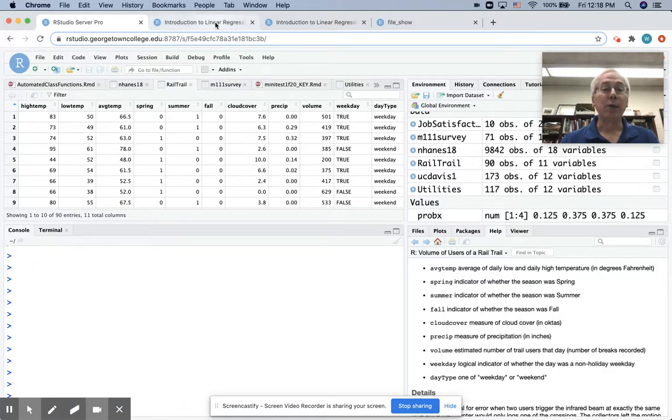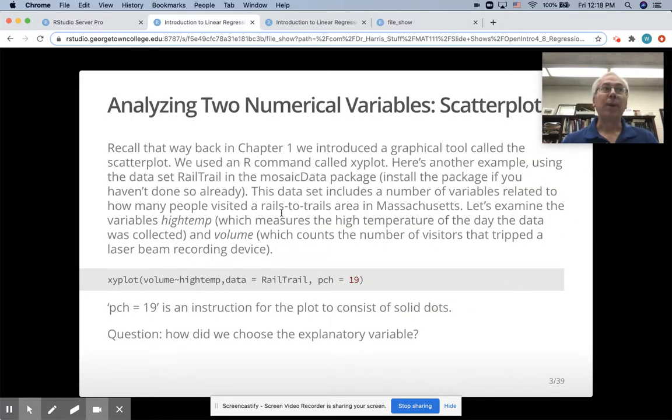So what we're measuring is how many people were in a Rails to Trails area at a particular spot in Massachusetts. And we're trying to look at, for a given day, our individuals under study are days under which the park was open. And we're measuring the high temperature from that day and also the number of people that visited the Rails to Trails that day. So we have two numbers that are associated with the individual days in this data set.